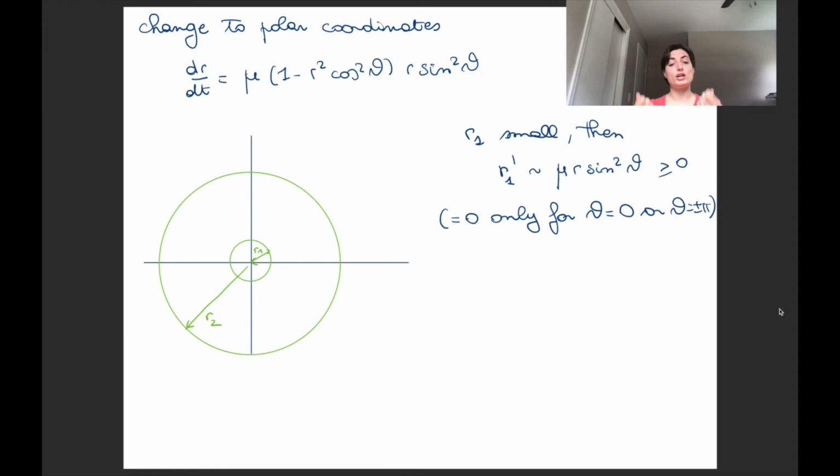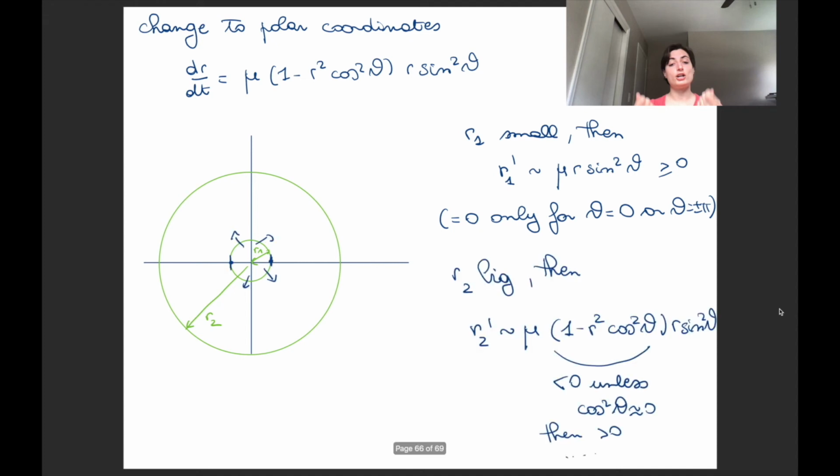And R1 dot, being mu that is positive times r that is positive times sin squared theta, is bigger or equal than 0. It's equal to 0 only for theta equal to 0 or theta equal to plus or minus pi. So what we know is that if we're looking at a small ball, around y equal to 0 we're going vertically, but in all other directions we're going outward towards our donut shape.